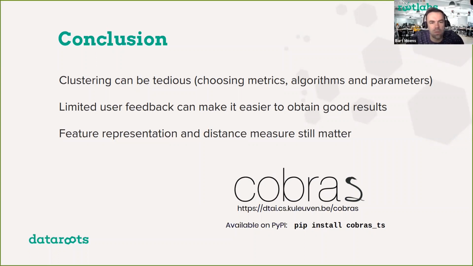Another question from Ashish. Apart from ease in clustering, how does COBRAS perform compared to classic clustering algorithms? So if you really just look at the quality of the clusterings you get compared to classic clustering algorithms, typically you get much higher quality clusterings in a lot of cases by just giving a few pairwise constraints.